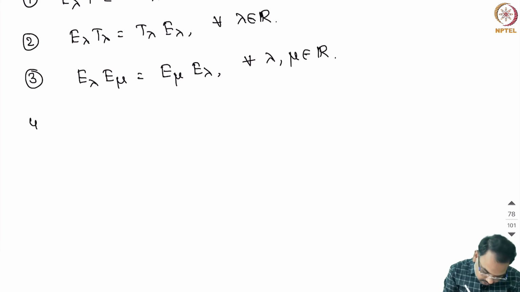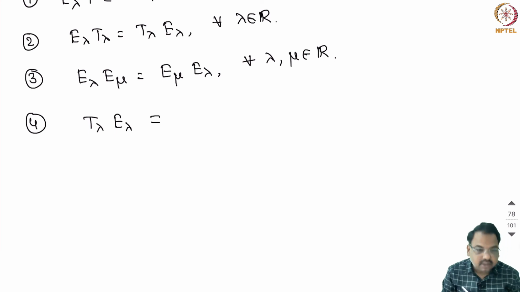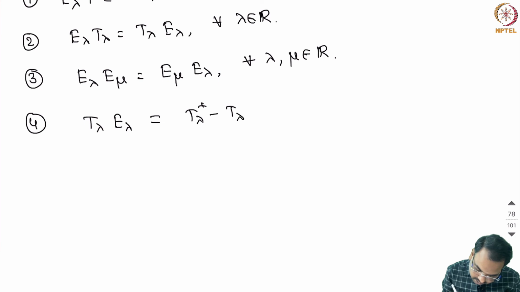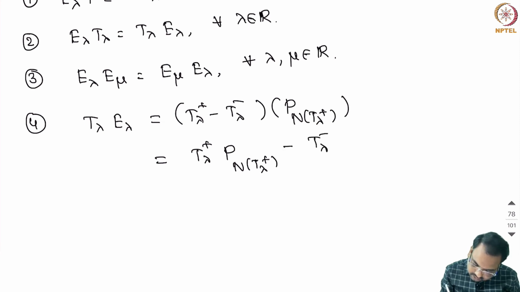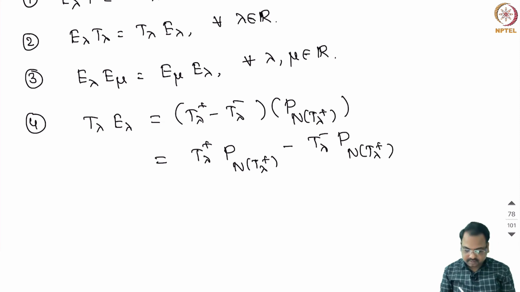Now let us look at T_λ E_λ. This is T_λ, we can write as T_λ^+ minus T_λ^- multiplied by the projection onto the null space of T_λ^+. This is T_λ^+ multiplied by the projection onto the null space of T_λ^+ minus T_λ^- into the projection onto the null space of T_λ^+.